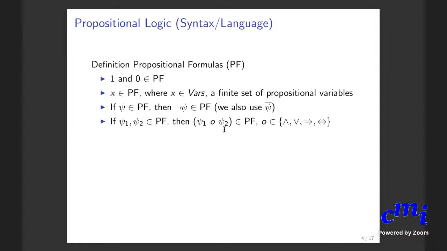So if psi1 and psi2 are legal propositional formulas, then the formula you get by applying the binary connective is also a well-formed formula. So here's an example: y and z implies not x. That's a well-formed propositional formula.